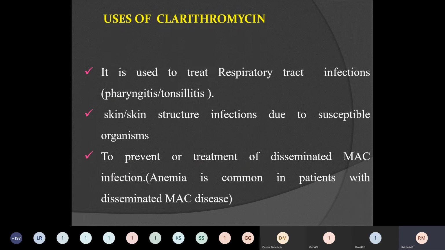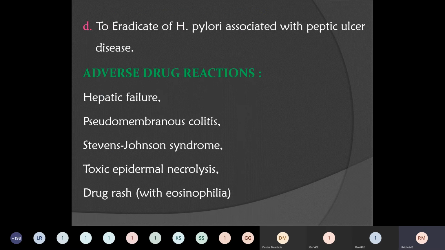Uses of clarithromycin. It can be used in the treatment of respiratory tract infections like pharyngitis, tonsillitis. It can be used in skin infections. It can be used in Mycobacterium avium complex infection. It can be used in the triple regimen for the treatment of H. pylori associated with peptic ulcer.